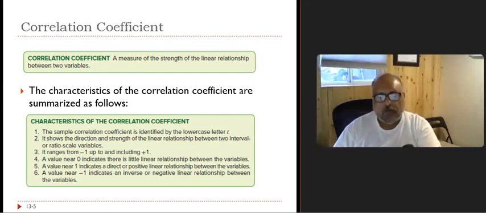Well, one thing you should know is that scatter plots measure linear correlation, either positive linear correlation or negative linear correlation, or no correlation at all. But if there is a correlation, how strong is it? So the correlation coefficient measures the strength of the linear relationship between two variables.